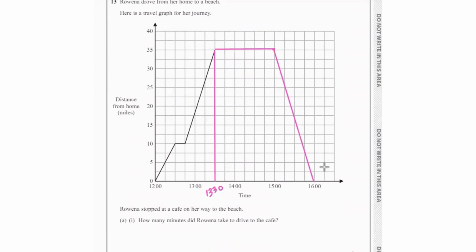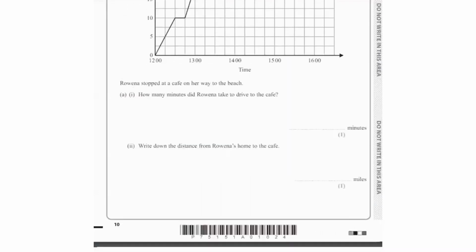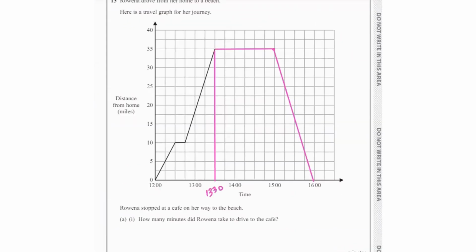So this is your distance-time graph for the remaining journey. And it says work out the average speed for the journey from the beach to her house. So for the average speed from the beach to the house, we're going to focus on this portion. Average speed is distance over time.